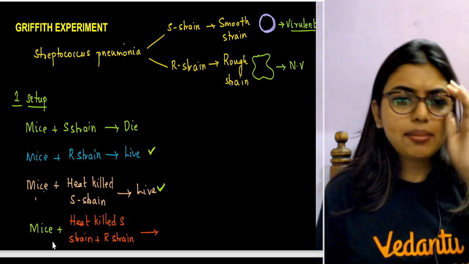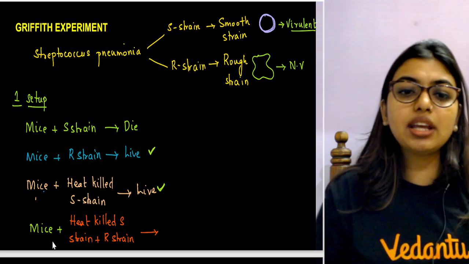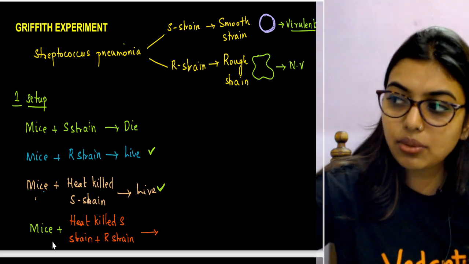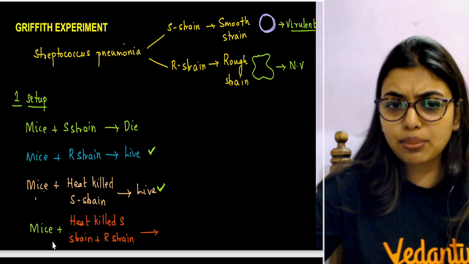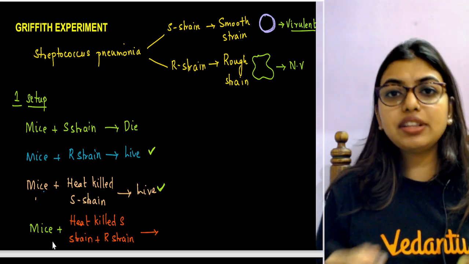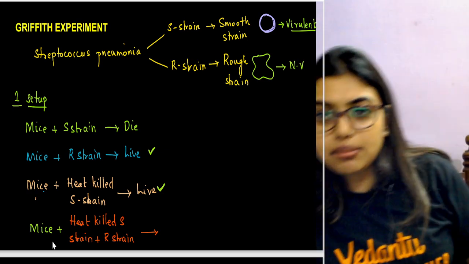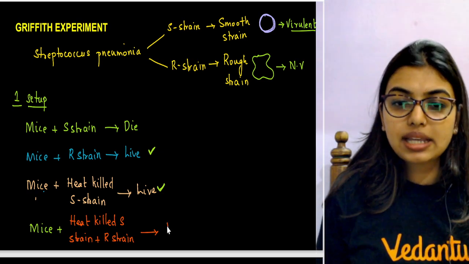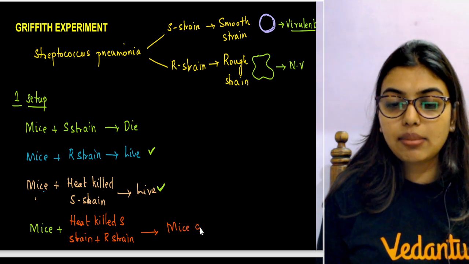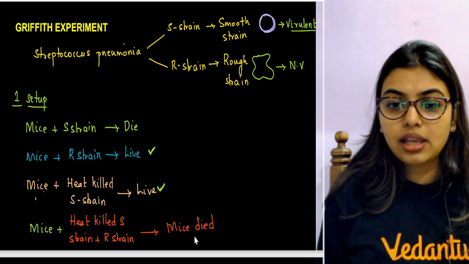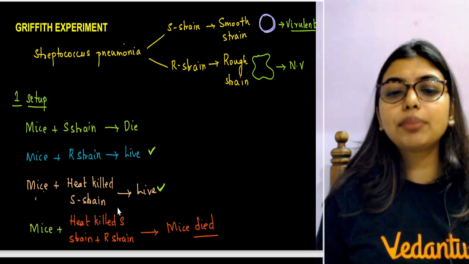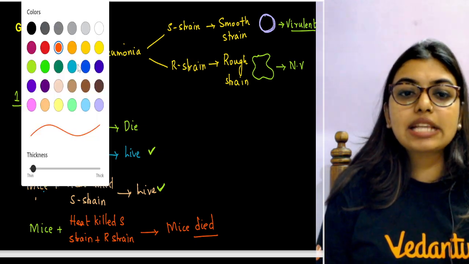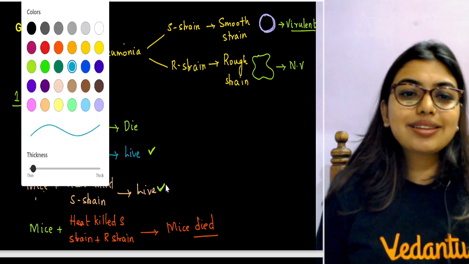Even the mouse plus R strain was living, mouse plus heat-killed S strain was okay, like both were alive. But when they mixed these two results, they noticed, or Griffith noticed, that the mouse died. He was shocked. He was shocked because he was expecting that the mouse would live, because that was the result expected, right?